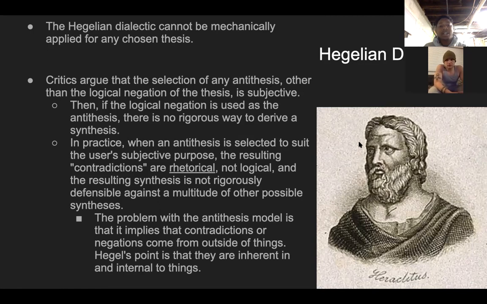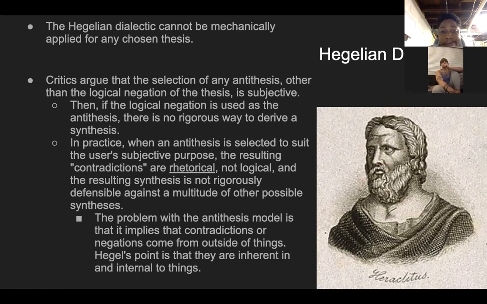But pretty much what I'm trying to conclude, the reason why the antithesis model is wrong and kind of hard to really use as a logical system, is because when an antithesis is selected to suit a user's subjective purpose, then it's no longer being logical. Once you make it subjective, you're moving away from the logical, because logic has to apply for everybody.